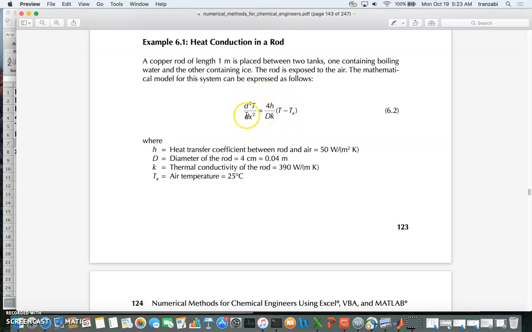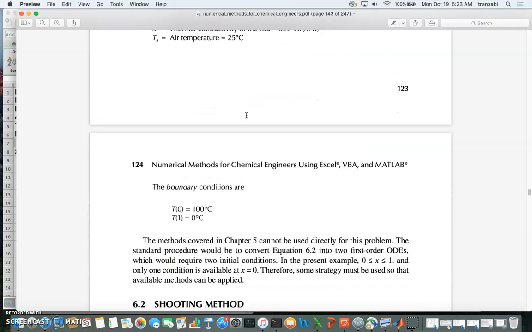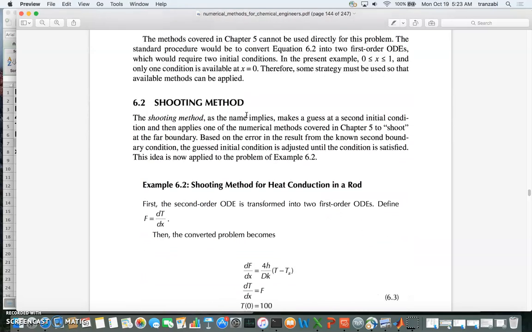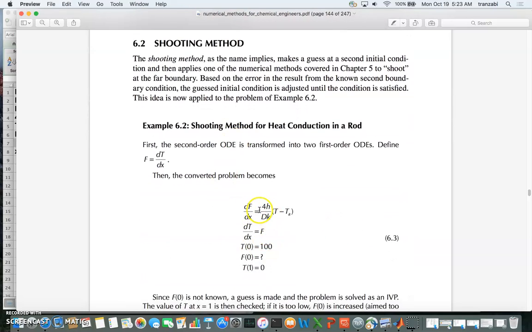Well, part of it is in terms of f. The left side is in terms of f, and the right side still is in terms of t. Okay? All right, so what is the second equation? The second equation is the one we just came up with, and that is f is equal to dt/dx.